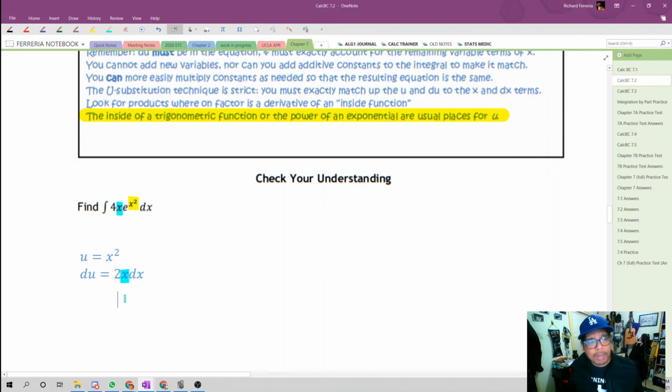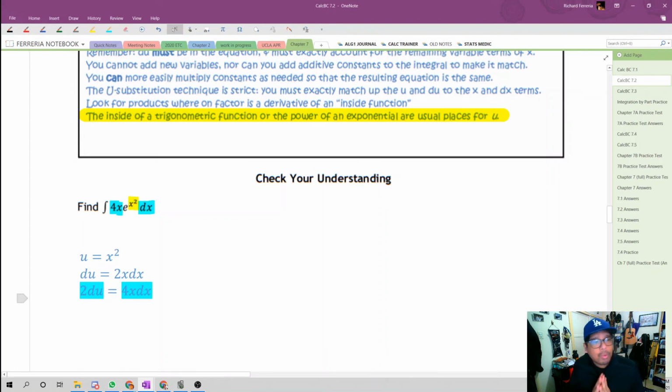We already know about the x, and we already know about the dx. The other thing that we have there is a 4, and it would be really convenient if we can include that 4 into my du. Using algebra, it's not that difficult. We're just going to multiply both sides by 2.